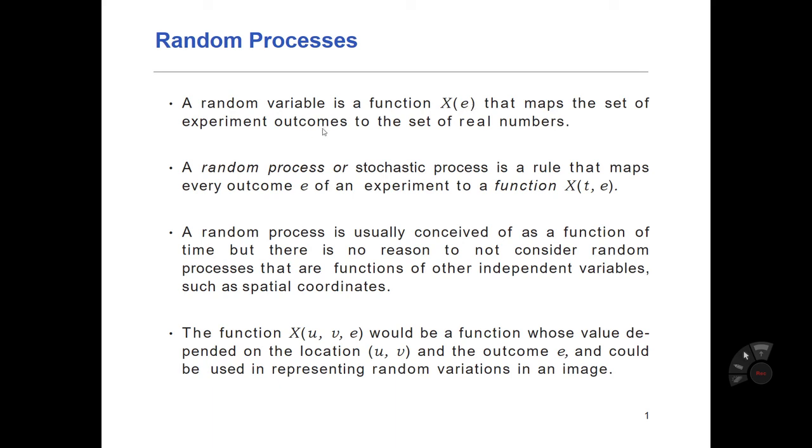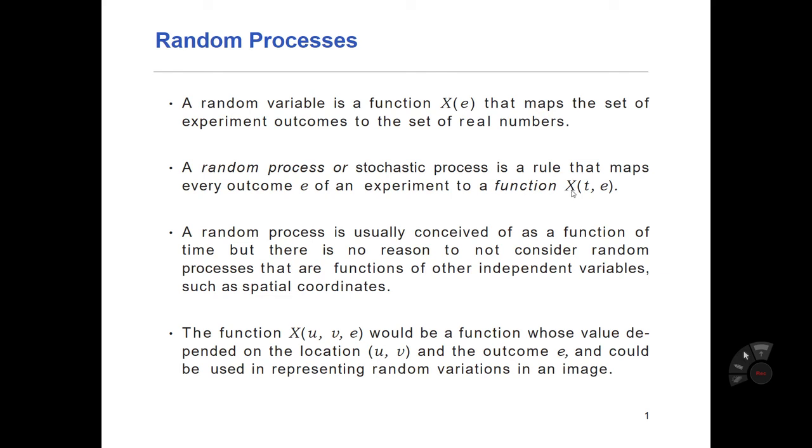So a random process or stochastic process is a rule that maps every outcome e of an experiment to a function x(t, e), where t is the time, e is the experiment outcome, and x is any function.